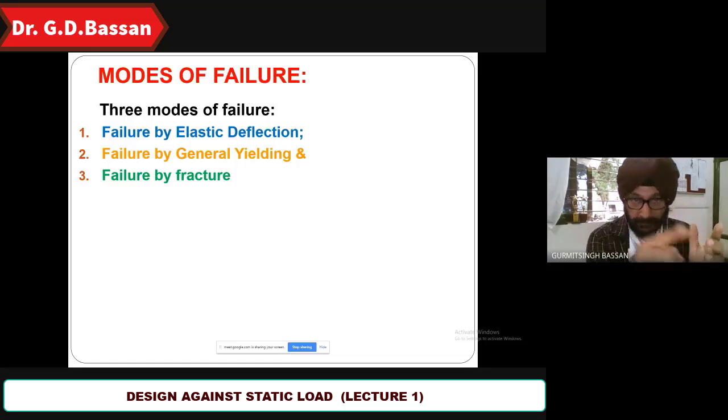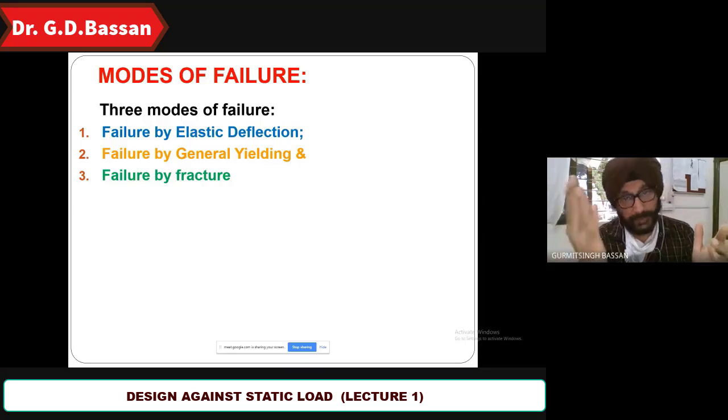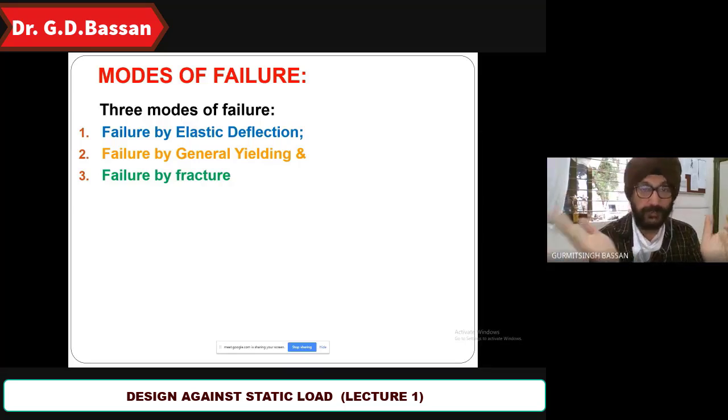Then plastic deformation takes place, and thereof yielding stress and the breakage takes place. Now, if the material or the element fails before going to the yield point, then it is to be failed under the elastic deflection category.